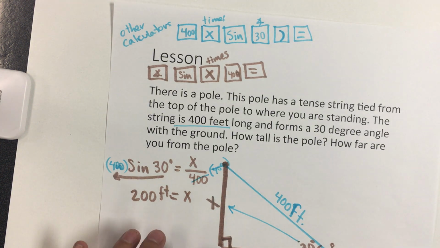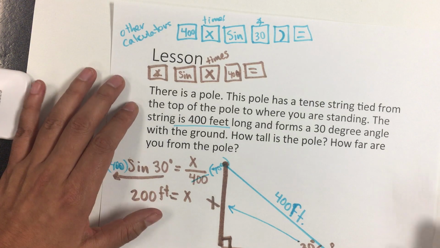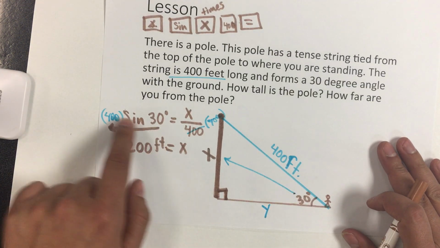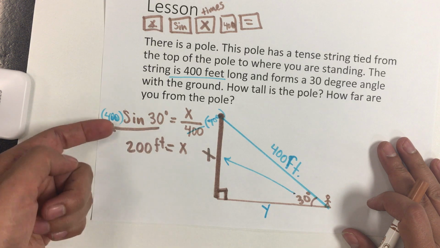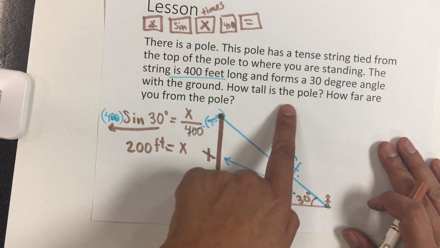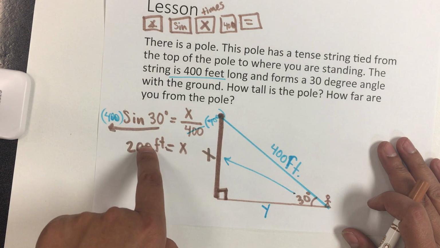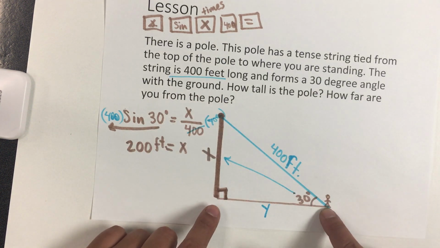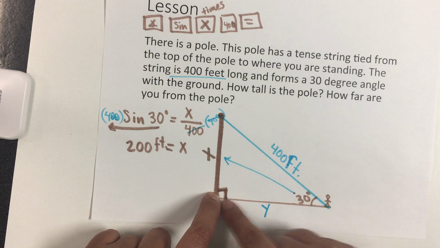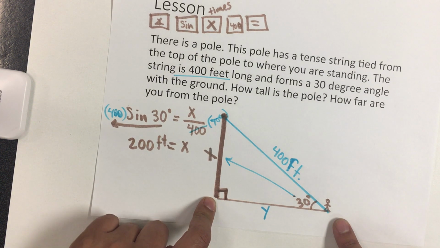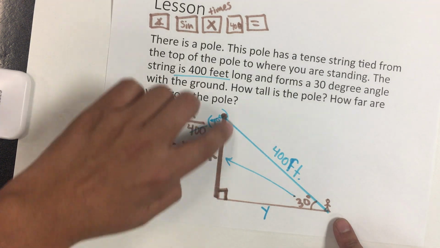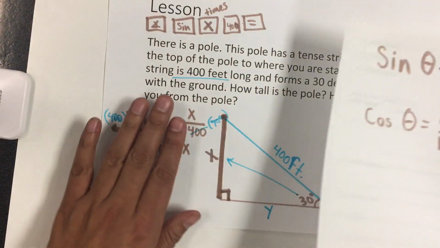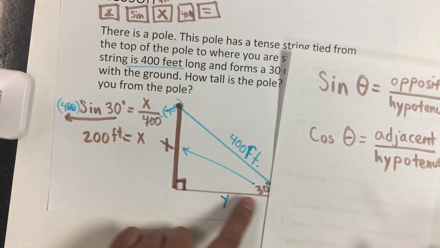Okay, sorry, that was a long explanation, but I think it's going to go easier from here. So now, again, in my calculator, it's going to go backwards. For you, it might be like this. Now it says, so the pole is 200. Now it says, how far are you from the pole? So from here to the pole, how far is that? Again, now I'm not using the opposite. I'm going to be using the adjacent.